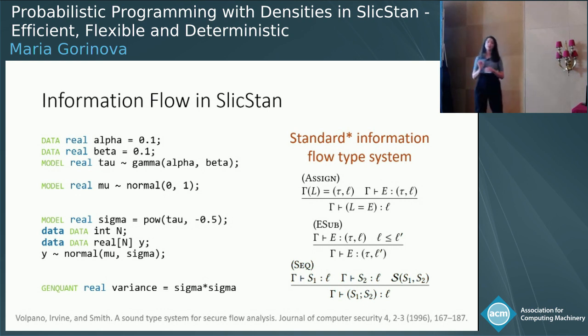So this is the only thing that is not standard, the sequence rule, where we have the slicing relation, curly S, which says that the program S1, S2, a sequence, can be sliced.